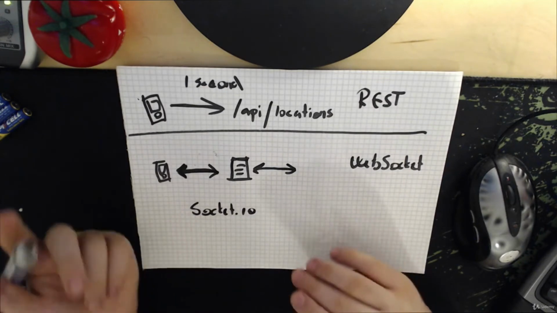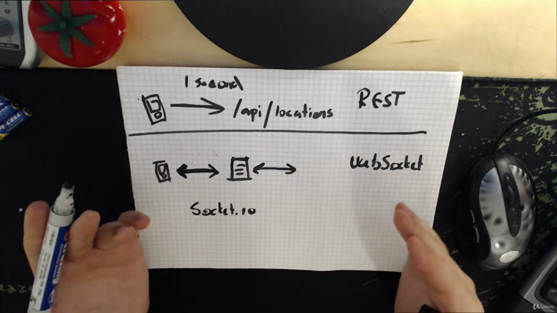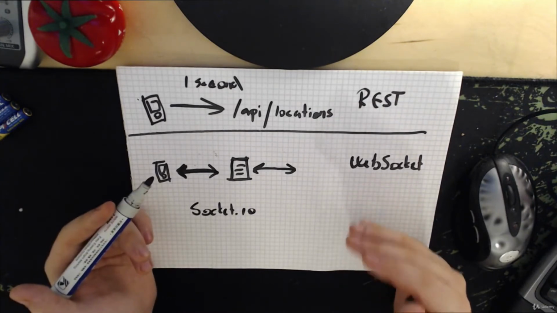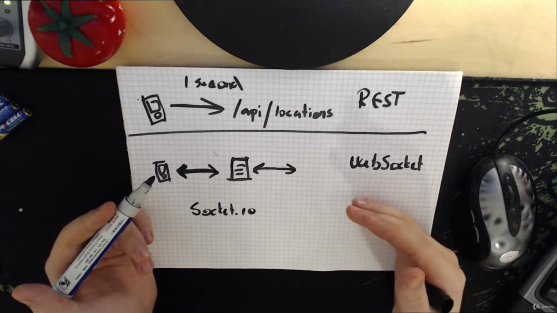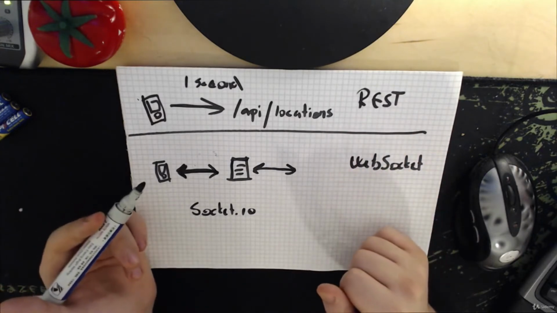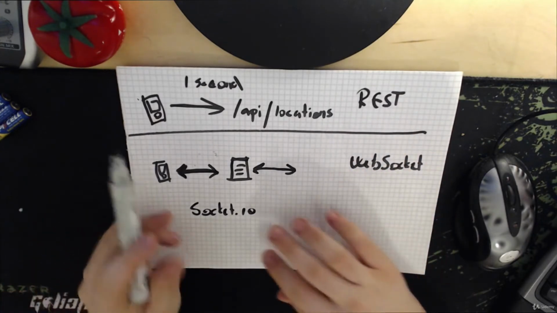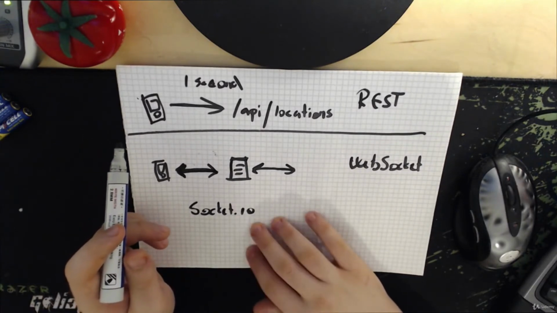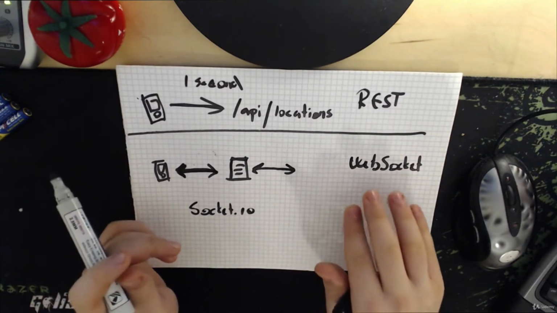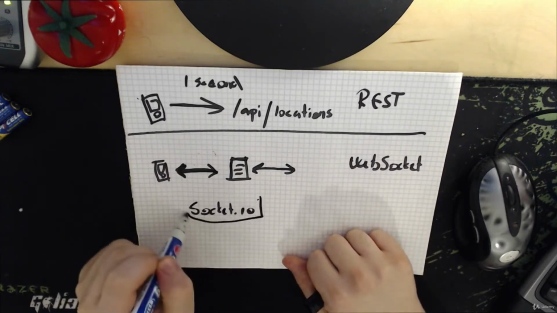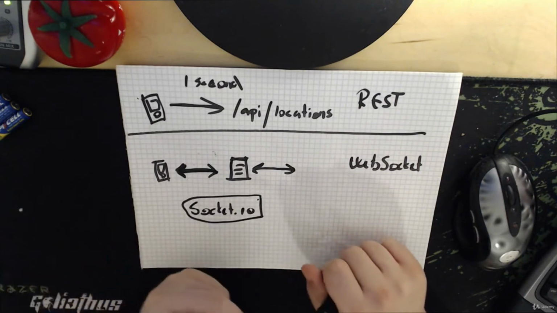And they have some fallbacks, such as if you lose the WebSocket connection, they go back to sort of a polling mode, sort of like REST instead. So lots of good features in it, and it makes it easier to use WebSockets rather than using raw WebSockets. So that's what we're going to be using, Socket.io for this.